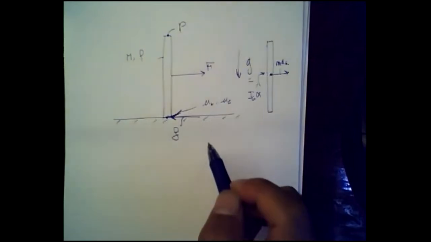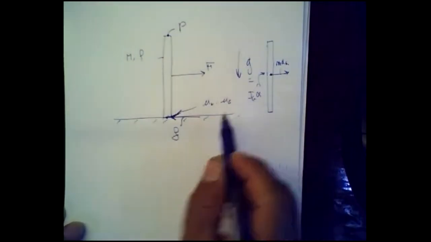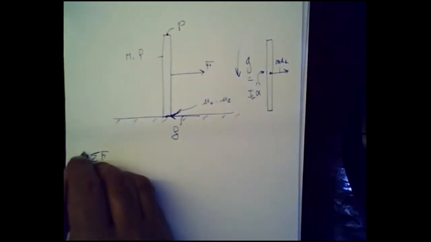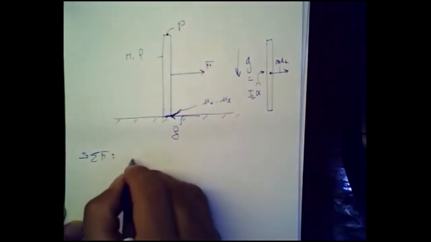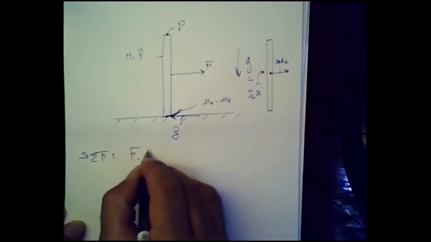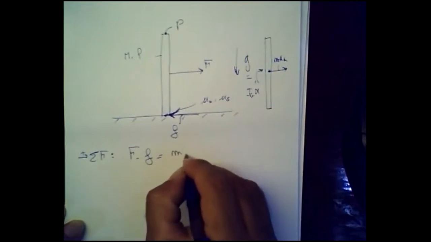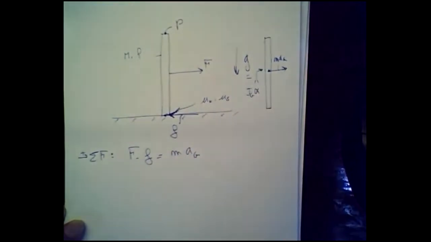Okay, so how do you solve this problem? We can sum the forces in the X direction. If you sum the forces, we end up with the force minus the friction equal to M AG. Now what else?